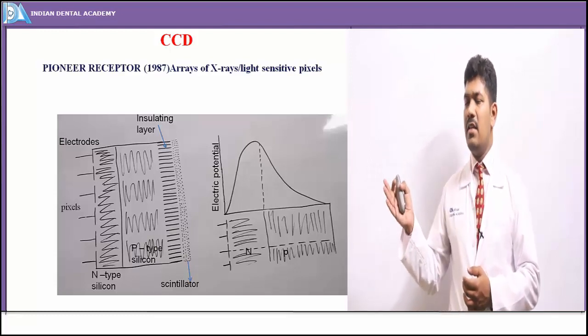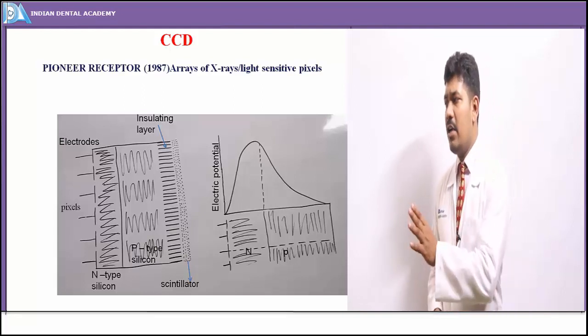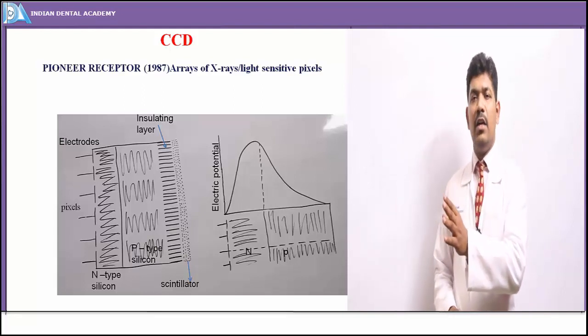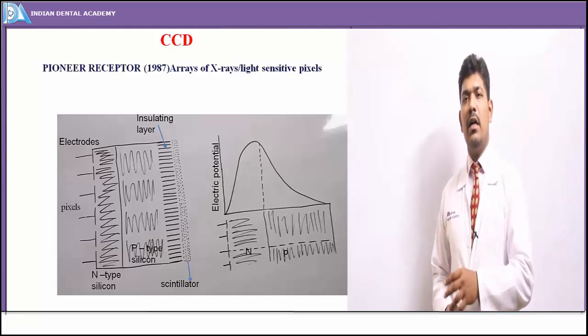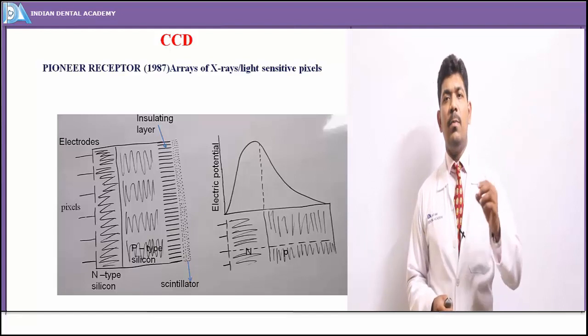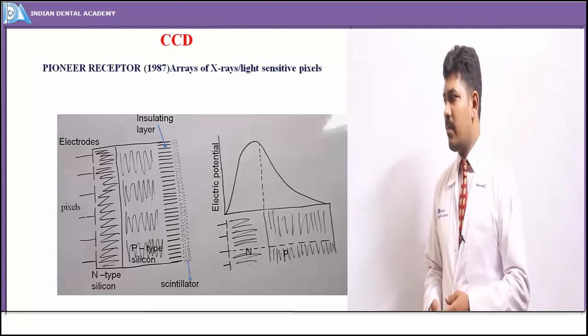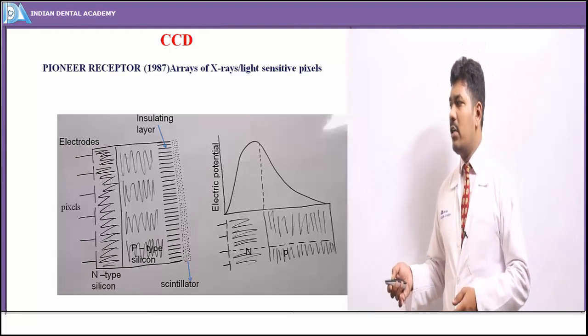signals, and these signals are then transmitted across the semiconductors and then transferred onto the electrodes, which are receptive to these light signals. Depending upon the intensity, we have the particular binary format, which is then represented as a digital image. We can see the peak voltage.